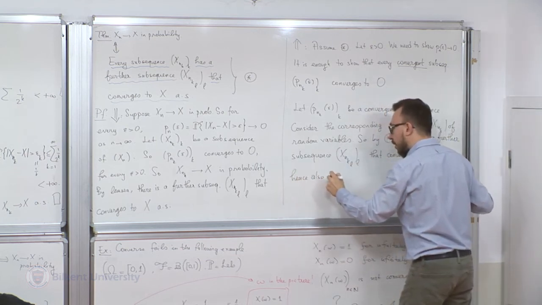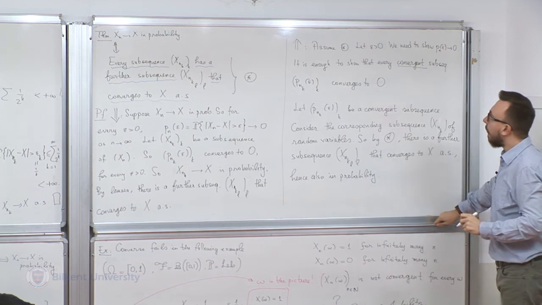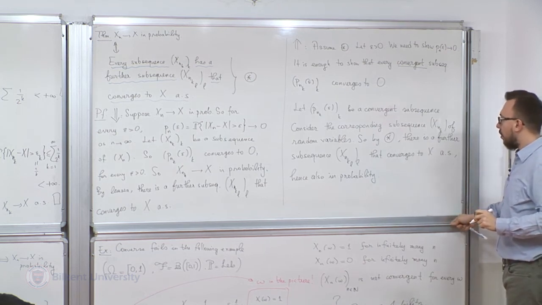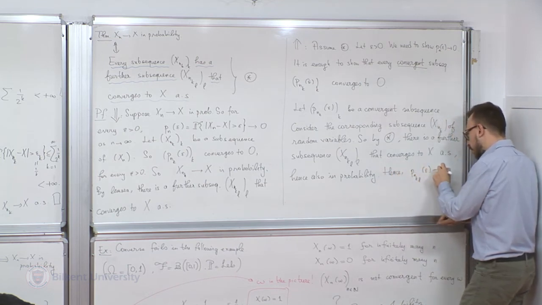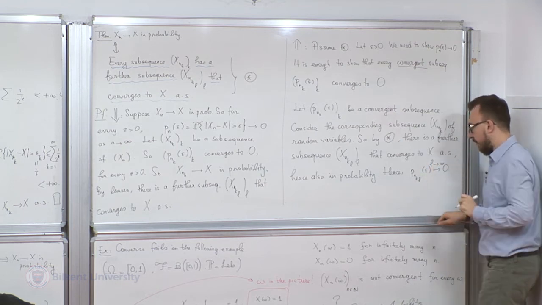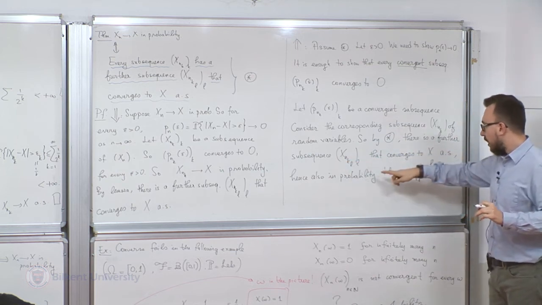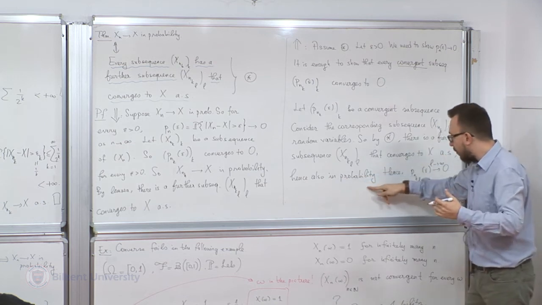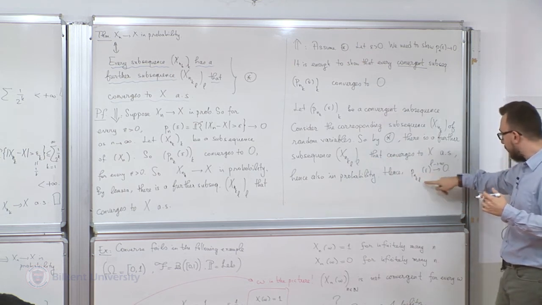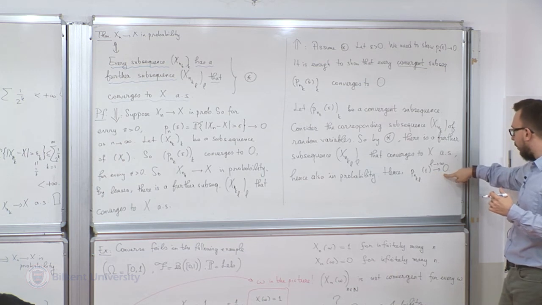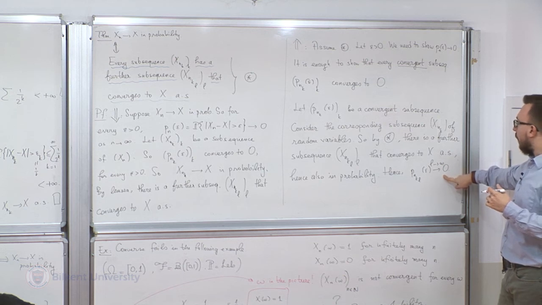Hence, p_nkl goes to 0 as l goes to infinity, because this further subsequence converges to X almost surely, hence in probability. So since we have it in probability, we can talk about the corresponding sequence of probabilities, which converges to 0.